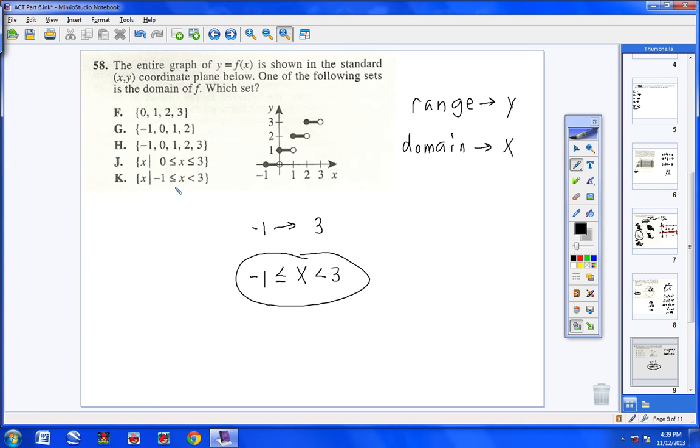And of course, if you try to match that up here, you're going to see this right here, and this line means the set of x such that x is greater than or equal to -1 and less than 3. So they're testing your ability here to remember what domain and range mean, and then how to read a graph and understand what the domain is.